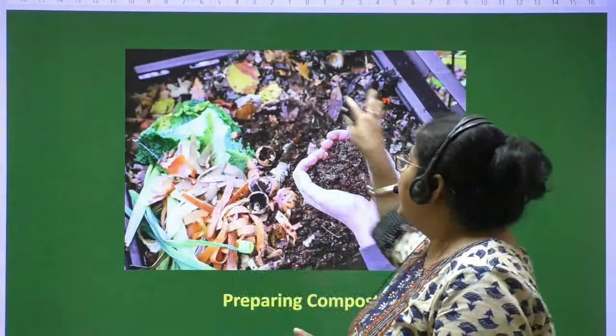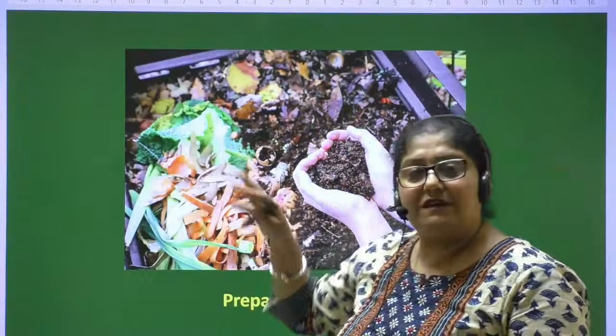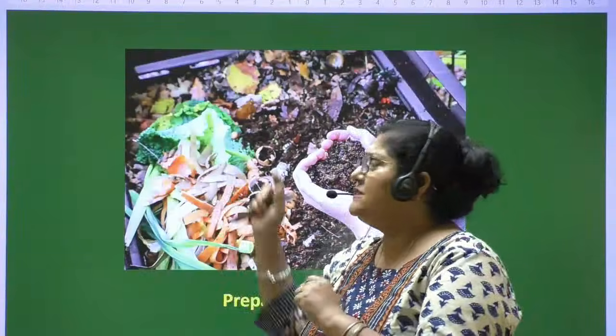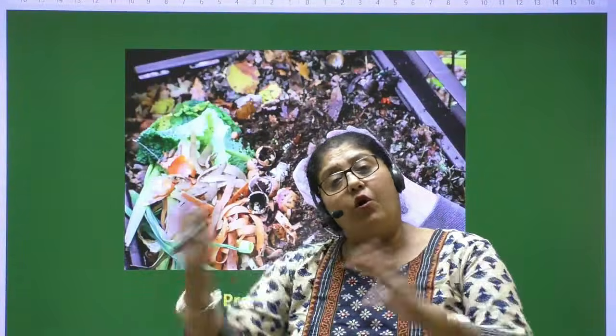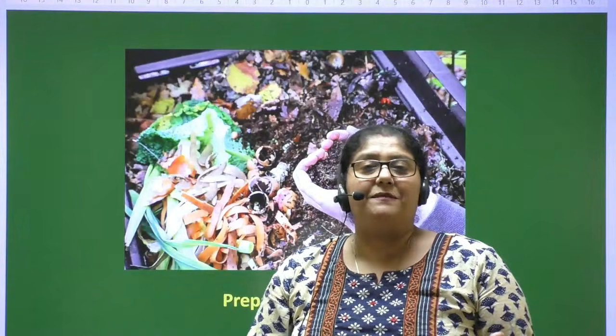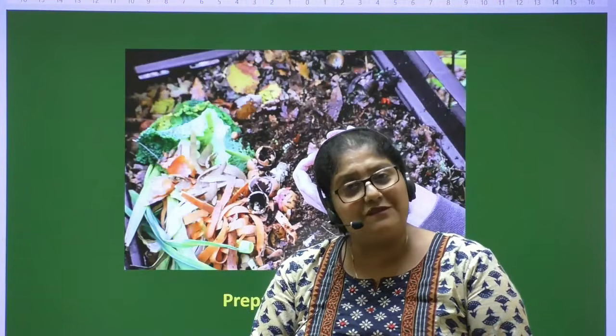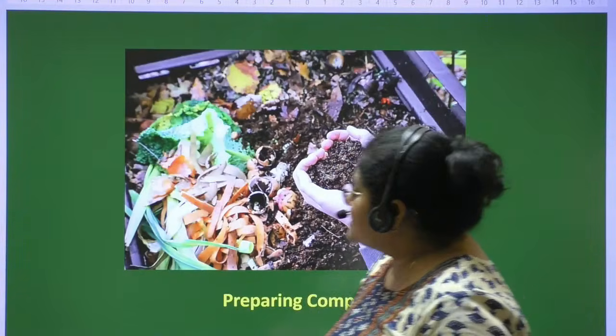There are some very good bacteria and fungi, small microorganisms, which will gradually break down these substances and convert all of this into a loose soil-like material. That is a compost or a manure which can improve the fertility of the soil. So this is about composting.